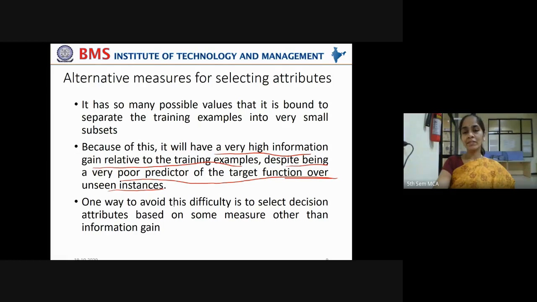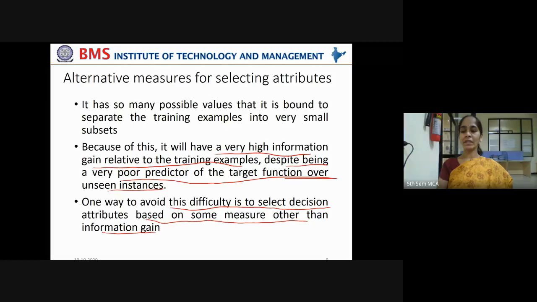One way to avoid this difficulty is to select decision attributes based on some measure other than information gain. So we can't completely rely on information gain itself because of this kind of trap that may be posed by attributes like date.